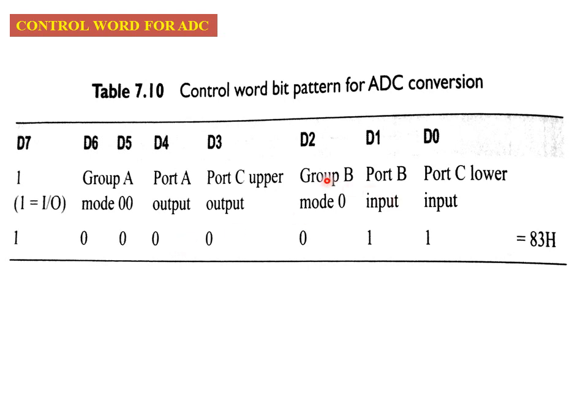Now see port B mode 0. Then the direction of port B is given. Now we connected PB0 to PB7 as inputs from the ADC converter.